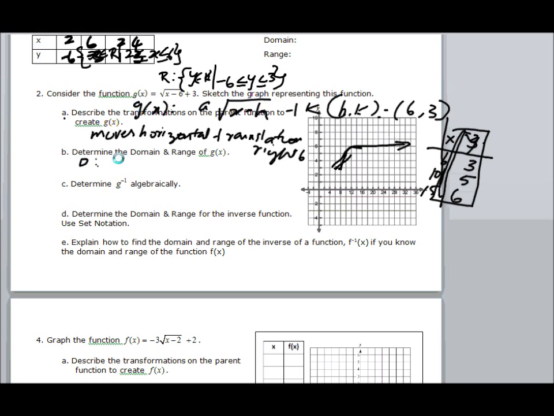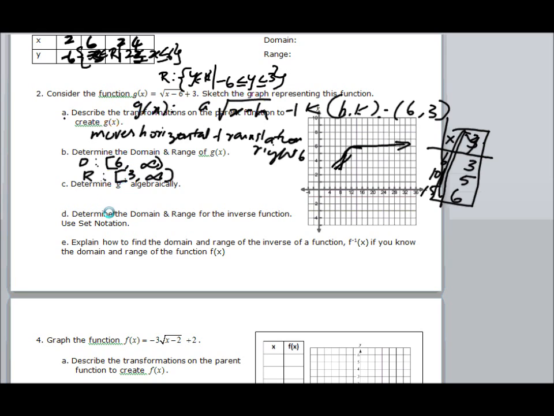Domain is the closed interval from 6 to open interval infinity. It's going forever in the x direction. It's an increasing function. And for y, the range starts at 3 and goes in the positive direction. So range is closed interval 3 to infinity open interval.